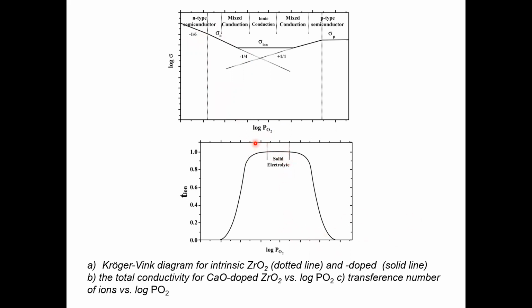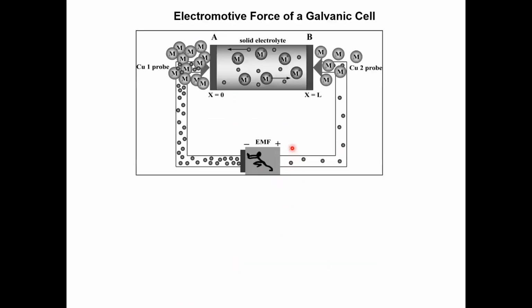So this is the useful range. You want to be a little bit away from that boundary of the mixed ionic electronic range, so that you ensure that you're going to operate that material in the ionic range. Fortunately for stabilized zirconia, be it calcium-stabilized or yttria-stabilized zirconia, this happens to be a very large range of PO2.